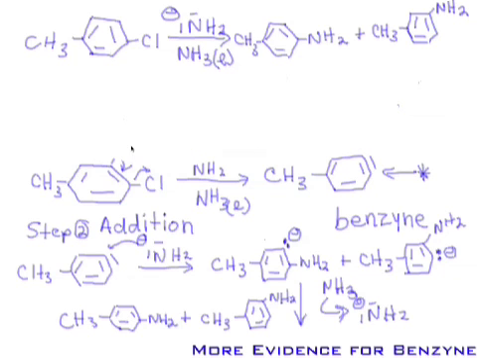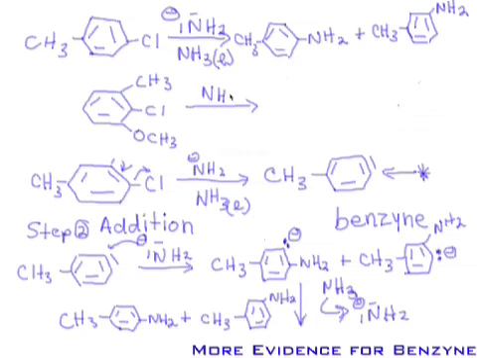What we can do is make a molecule like this, where instead of chlorobenzene, we have substituted both ortho positions, one with a CH3 and one with a methoxy. So if you like, I have 2-chloro-3-methyl anisole, and we hit this guy with NH2- in liquid ammonia.